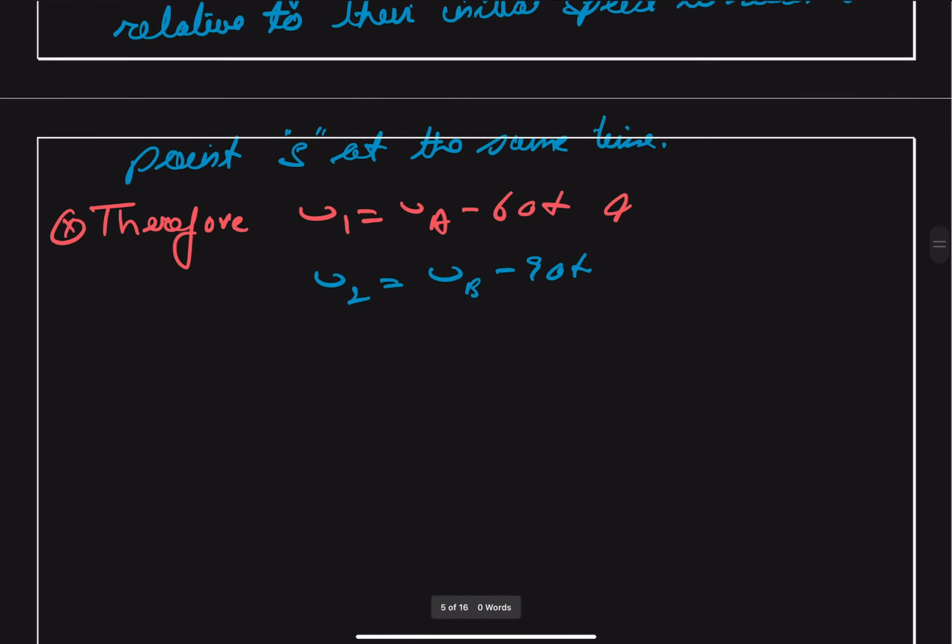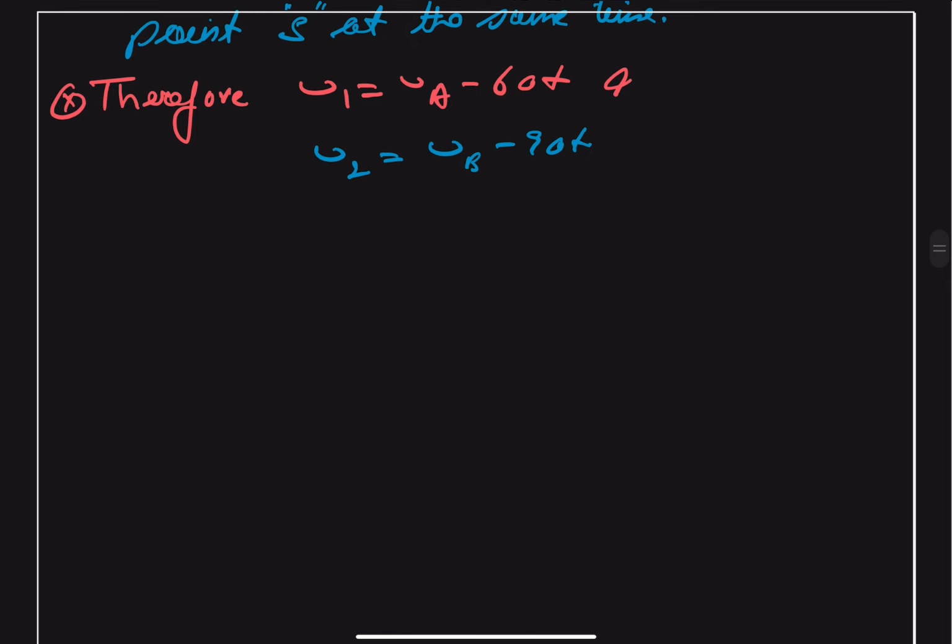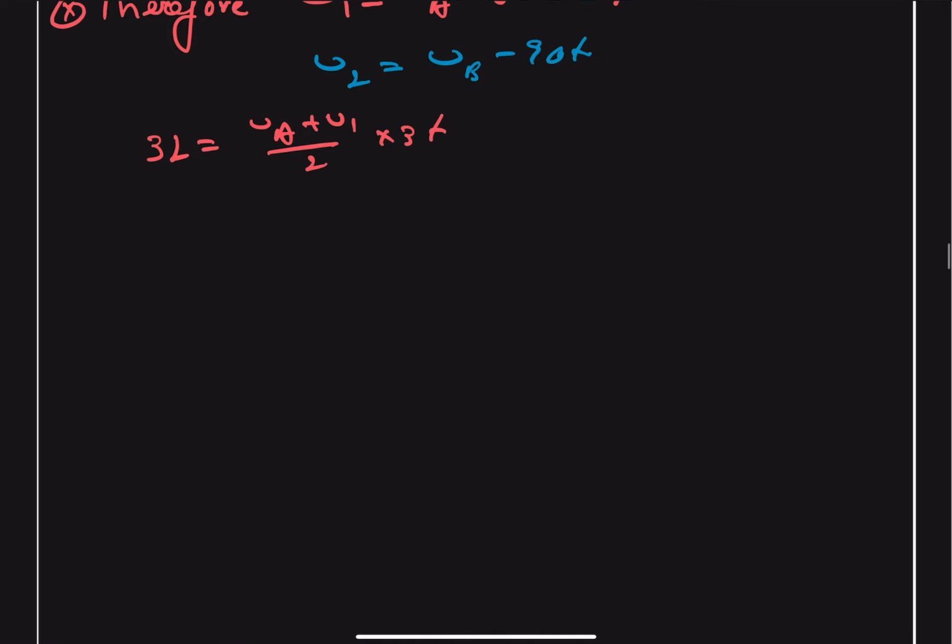So we know that for car A we get 3L is equal to VA plus V1 divided by 2 multiplied by 3T, and for car B we have 2L which is equal to VA plus, sorry, it is VB plus V2 divided by 2 and multiplied by 3T, and we divide them both.